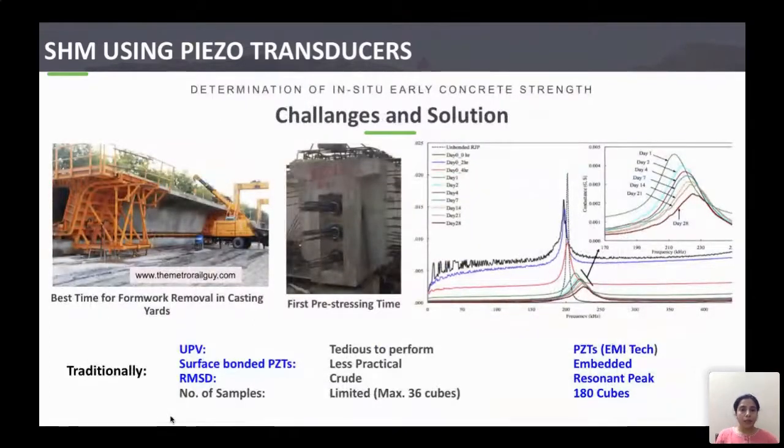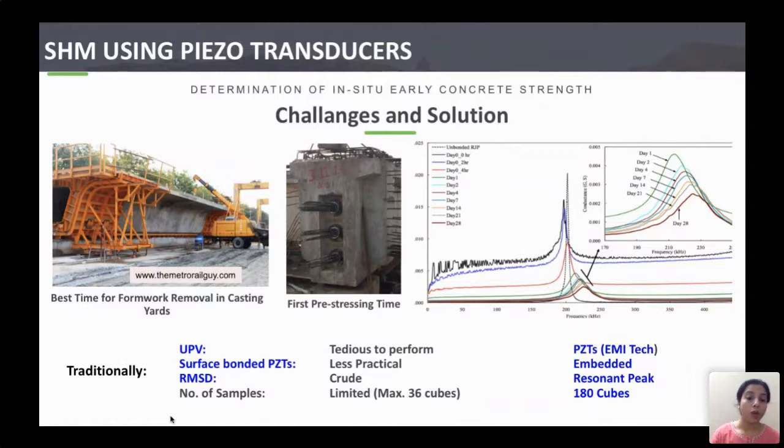So the next thing is determination of in situ early concrete strength. It is important to know the best time to remove the formwork in the casting yards to increase the construction or production rate.